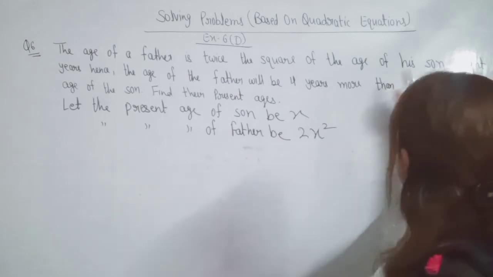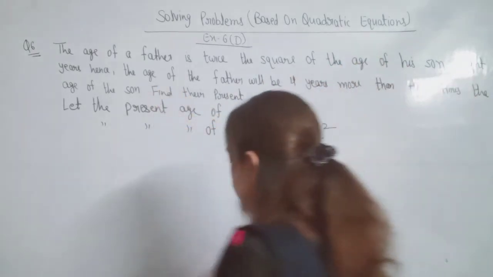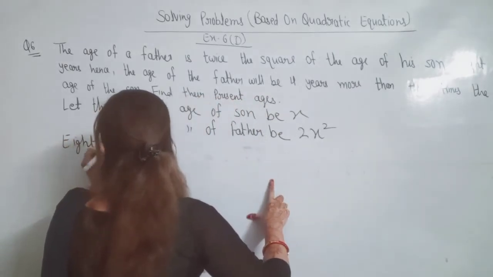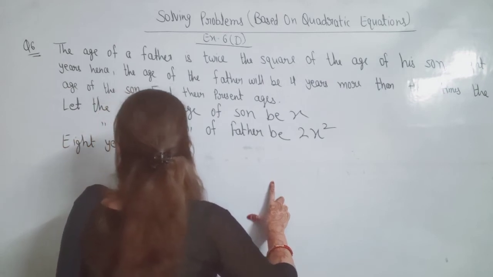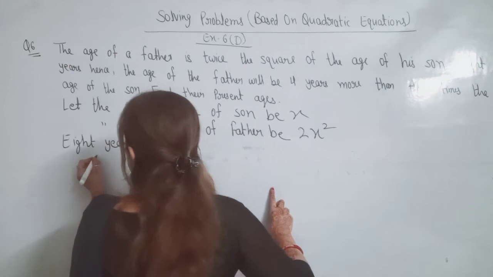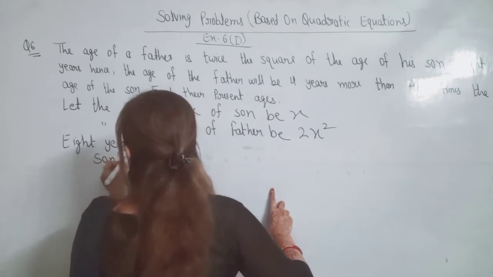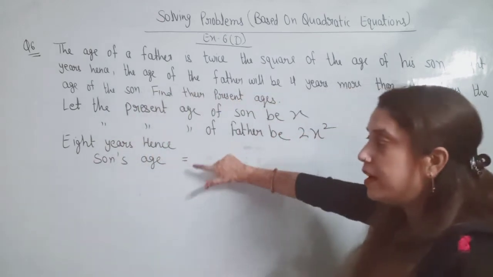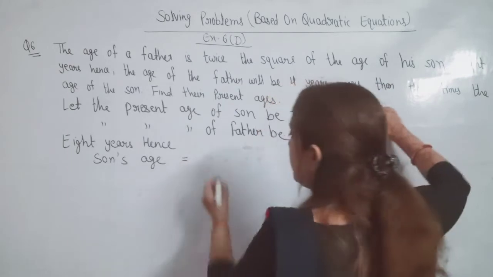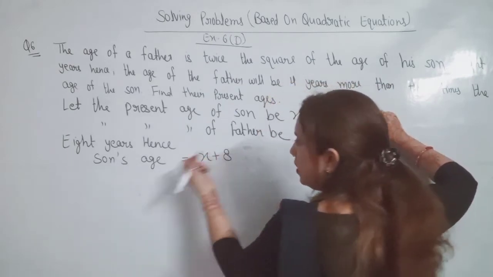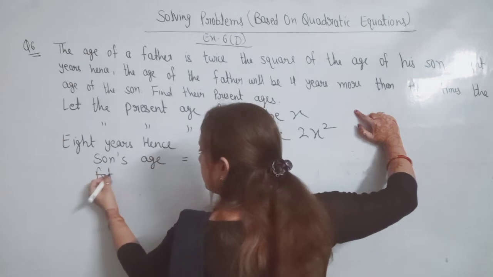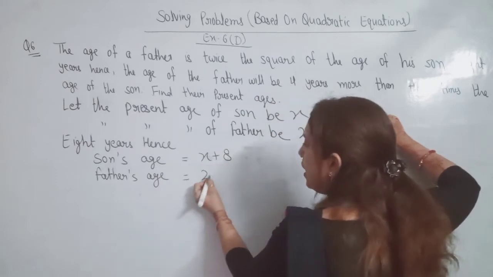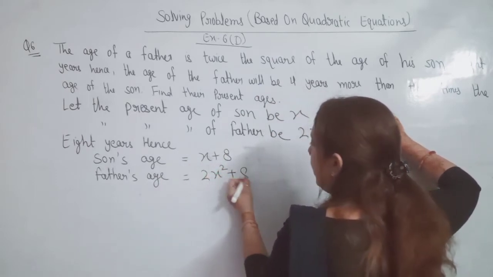Okay. Now 8 years hence, son's age will be x plus 8, and father's age will be 2x square plus 8.